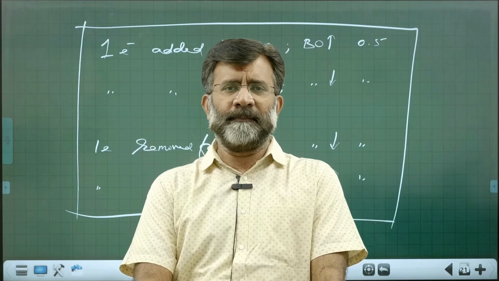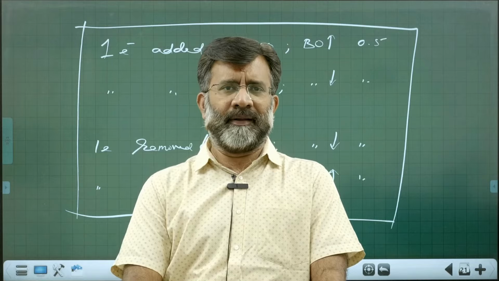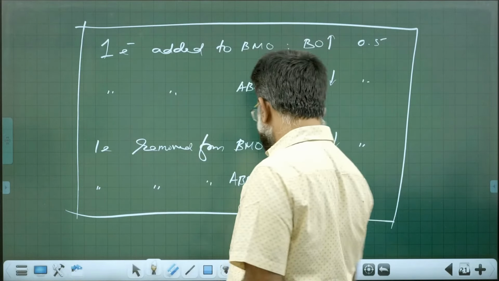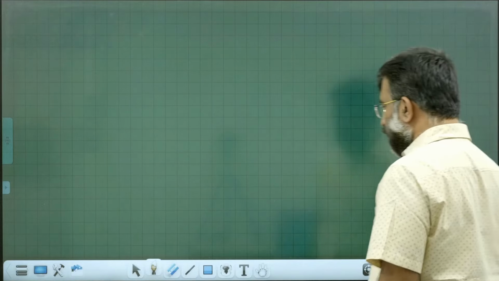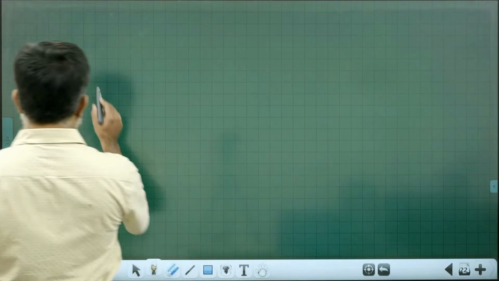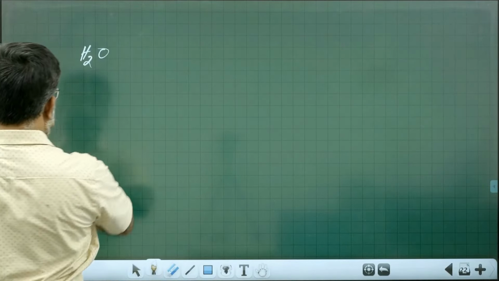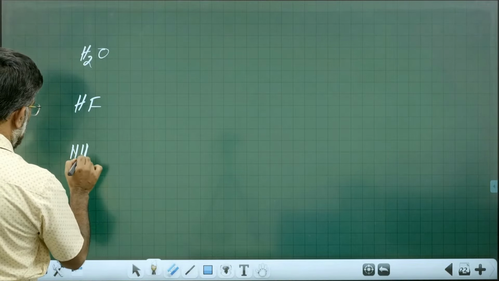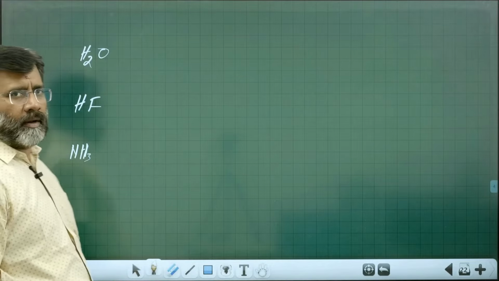And finally, a small topic on hydrogen bonding. What is meant by hydrogen bonding? It's a special type of dipole-dipole attraction wherein molecules like H2O, HF, and ammonia show hydrogen bonding.